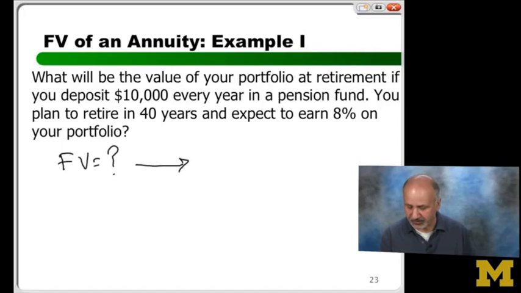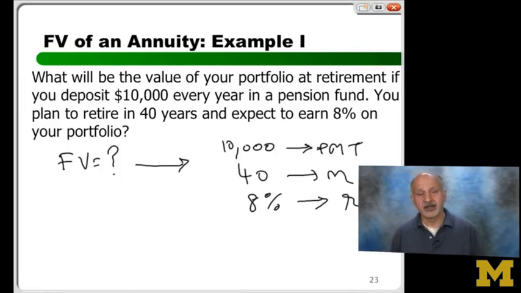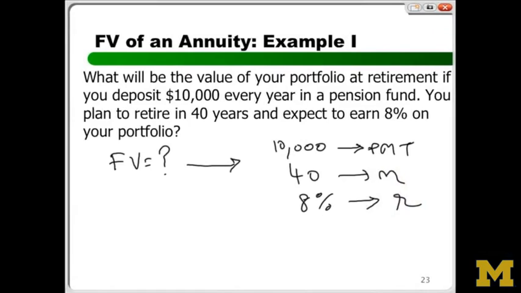And out popped, I gave this information, $10,000 was PMT, 40 was N, but most importantly, 8% was R. So I gave all this information to Excel or a calculator, whatever you choose to be using, simply because it's a very complicated calculation. Conceptually, it's not that difficult.